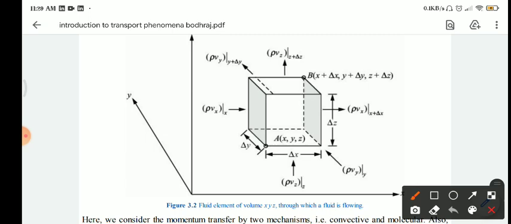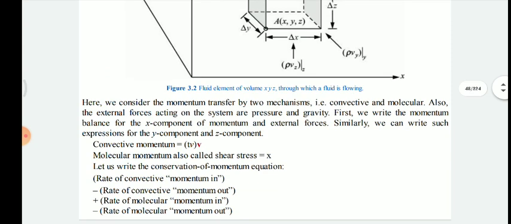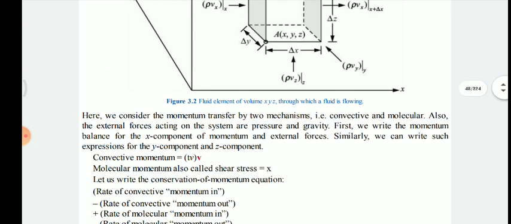Now, the mass of fluid entering at the surface of x and leaving at x plus delta x is similar for the y and z directions. So let us consider momentum transfer by two mechanisms: first, convective, and second, molecular.